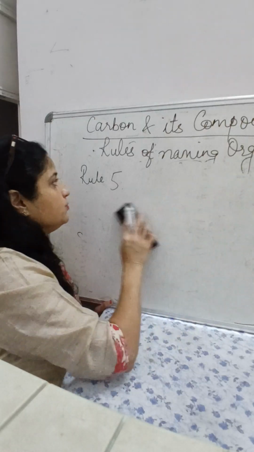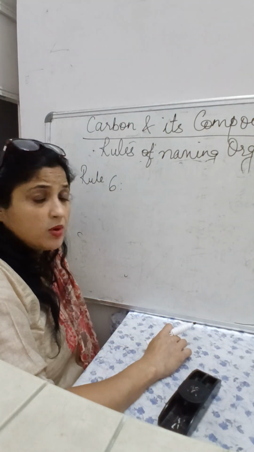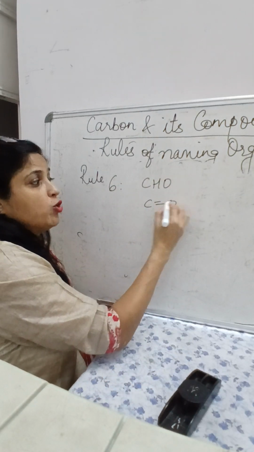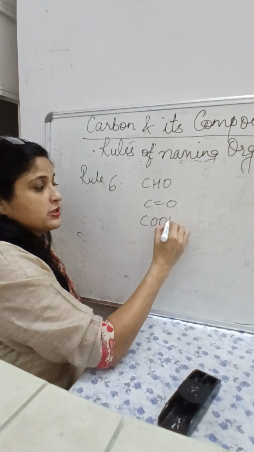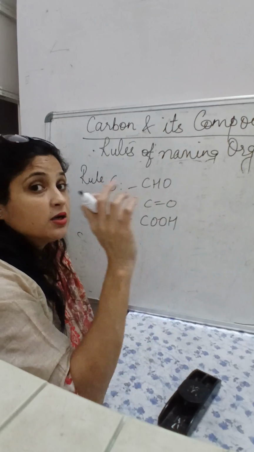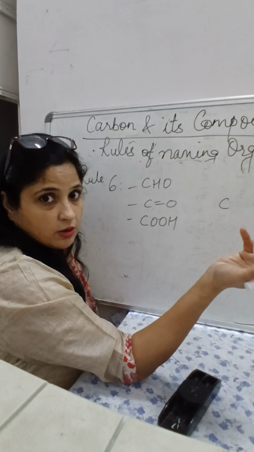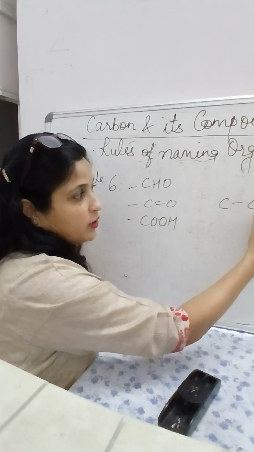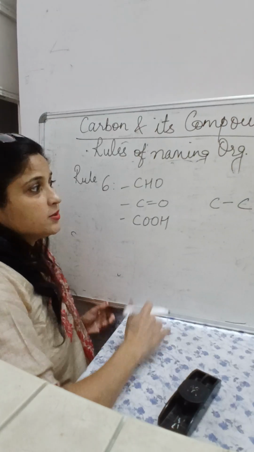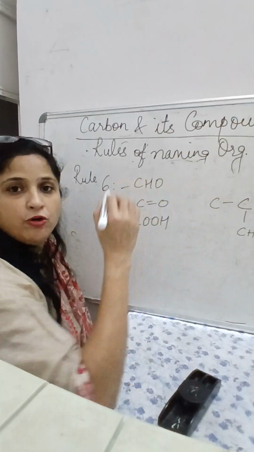Now coming to the 6th rule. Whenever we have a functional group, whether it is aldehyde, whether it is a ketone, whether it is a carboxylic acid, you always have to keep in mind that you will give the shortest possible number to the functional group also. For example, I have a butane chain and I am giving here, let me say, aldehyde group.